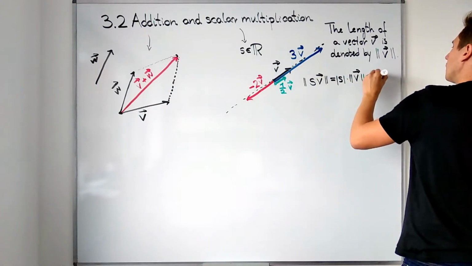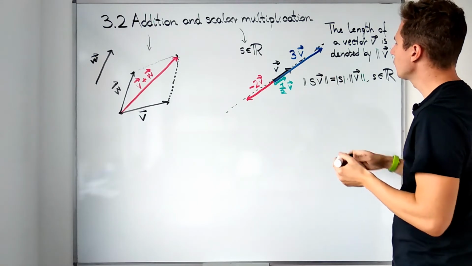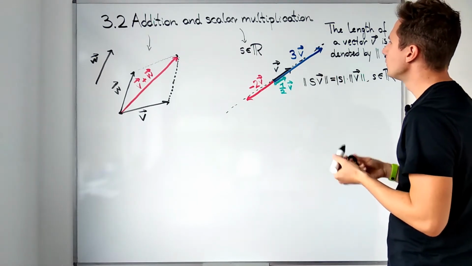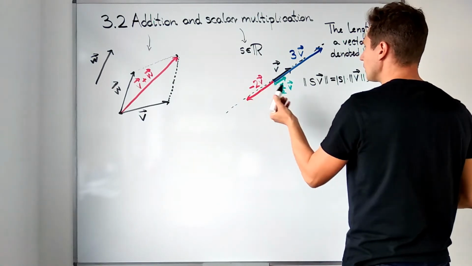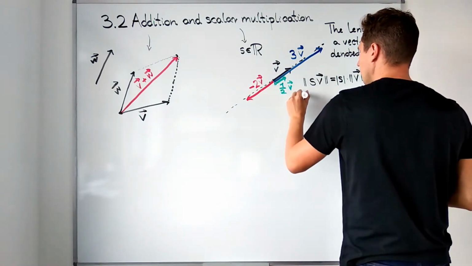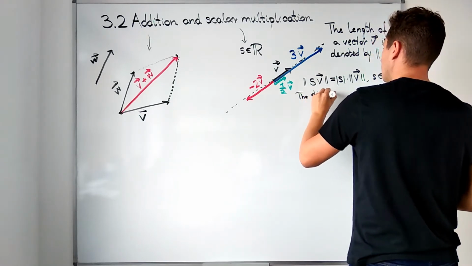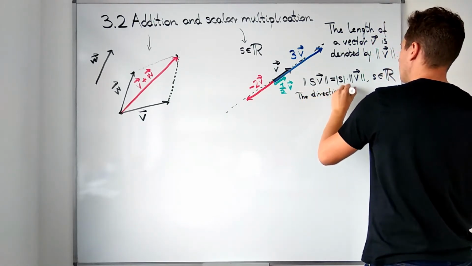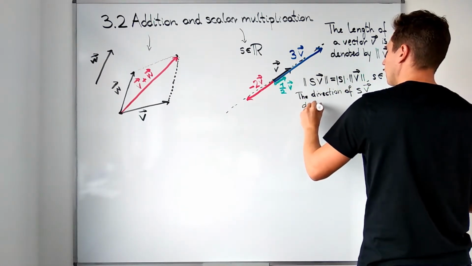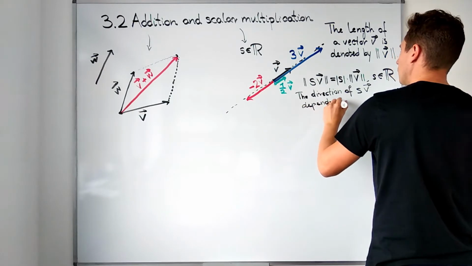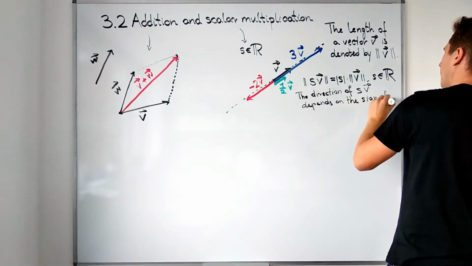So the length will be multiplied by the absolute value of s, and the direction of s times v depends on the sign of s.